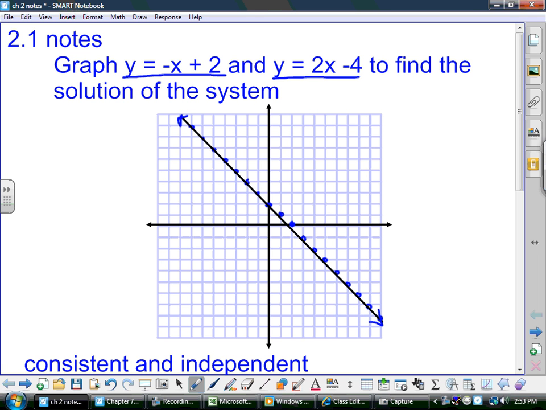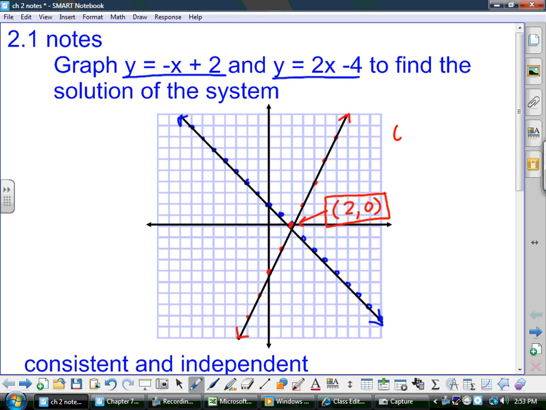The second graph has a y-intercept of -4 and a slope of 2. Those two lines cross at the point 2, 0, so the solution to this system is 2, 0.